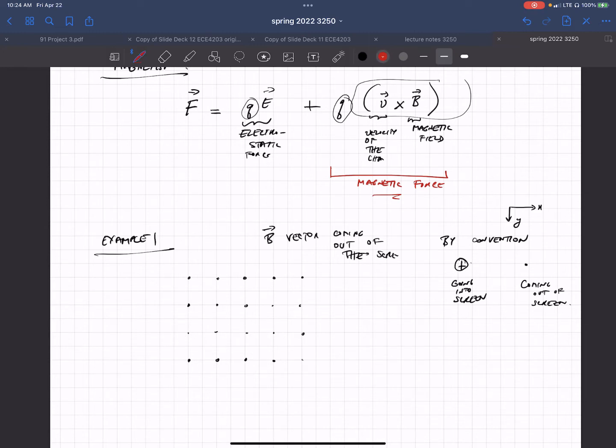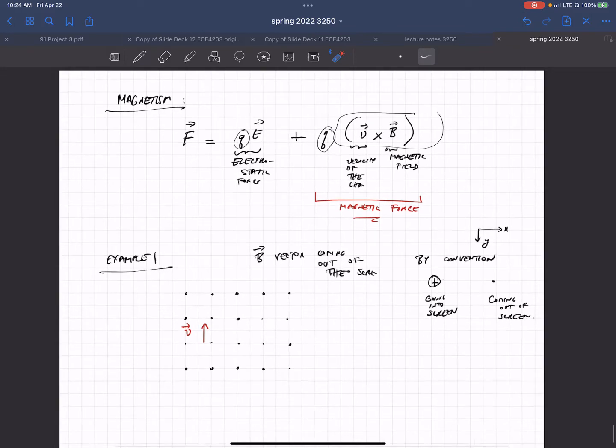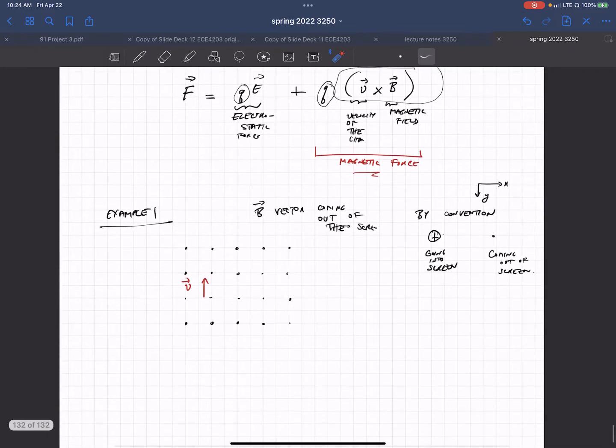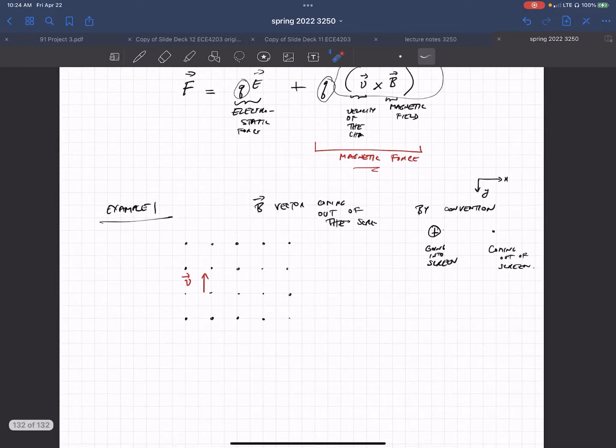And let's say I have a particle moving with a certain velocity straight up. So the velocity of the particle is going like this, and the magnetic field is coming out of the screen towards me.